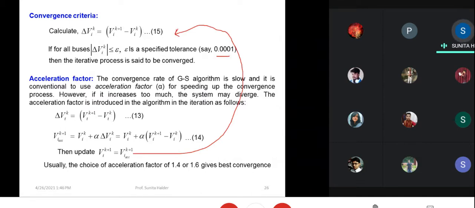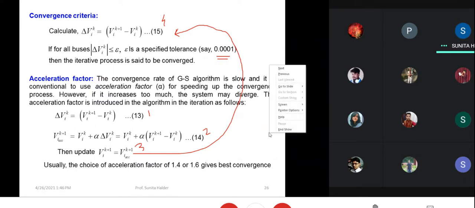If this deviation is less than 0.001, which is a sample value, it may also be 10 to the power minus 5 or minus 6, then it is converged. After each iteration, this is the first step, second step, third step, fourth step. Understood? Yes, ma'am.